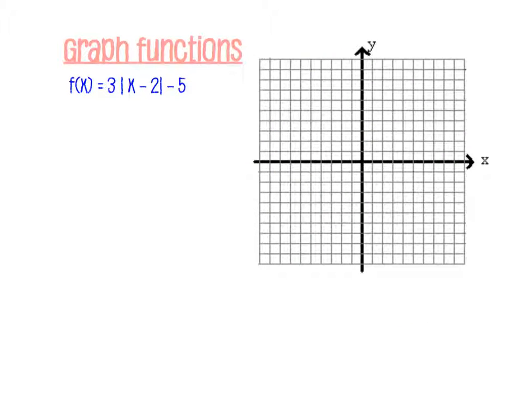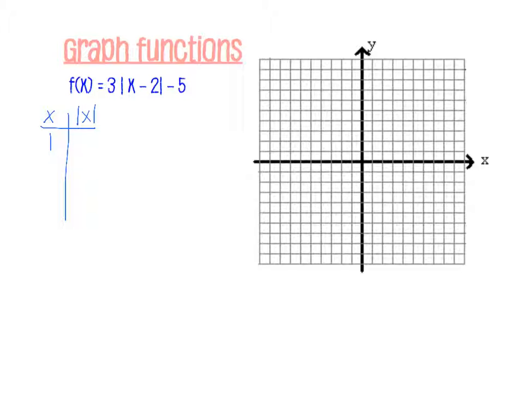Let's start with an absolute value function. For this transformation to work, you always have to go back and remember the parent graph. In this case, the parent graph is the absolute value of x. That's what your y value is. And remember what the table would look like.